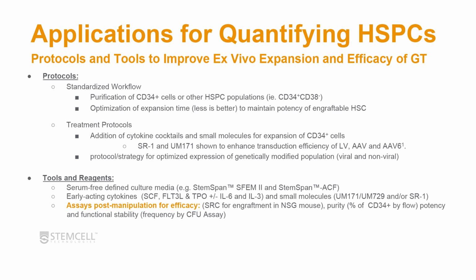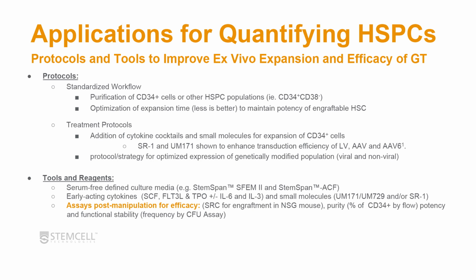So thinking about these things and optimizing your protocols and strategies for expression of genetically modified populations is really important, whether you're working with viruses or doing non-viral approaches. The tools and reagents are obviously also highly important, making sure that you have a consistent supply of optimized media.